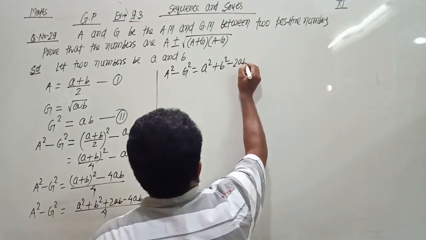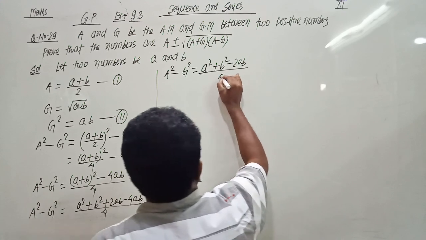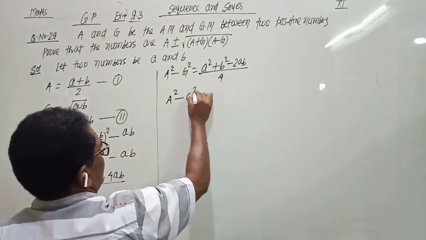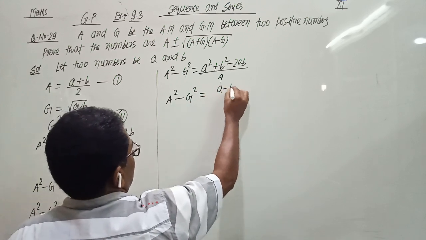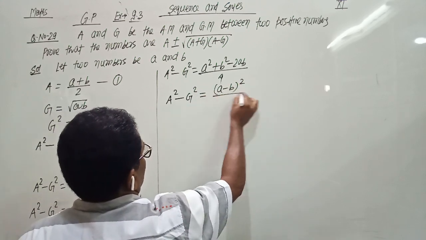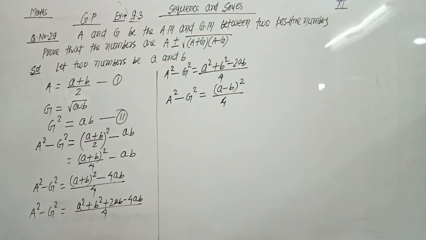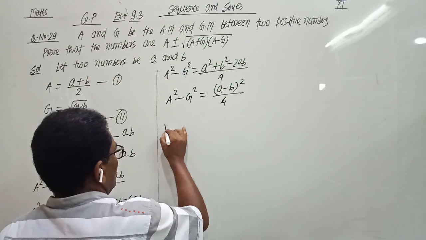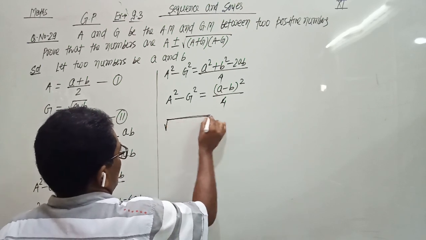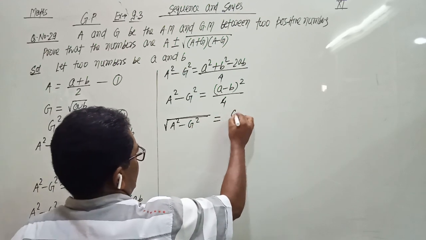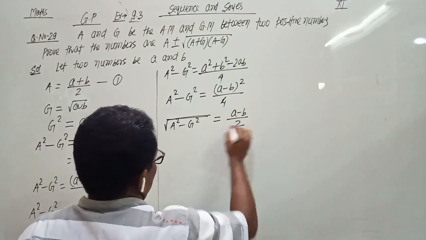It becomes minus 2ab upon 4, and this is written as a minus b the whole square upon 4. The value of A square minus G square equals a minus b the whole square upon 4, and the square root of A square minus G square is a minus b upon 2.